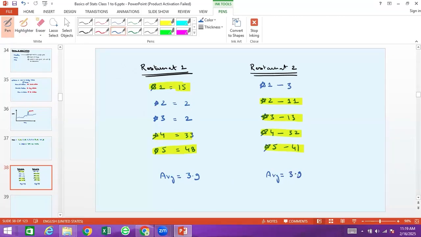The averages of both restaurants are exactly the same. But the distributions in restaurant 1 and restaurant 2 are different. If I just look at the averages, it might seem that both are the same, but when we look at the distribution, it looks like both are dealing with different kinds of problems.